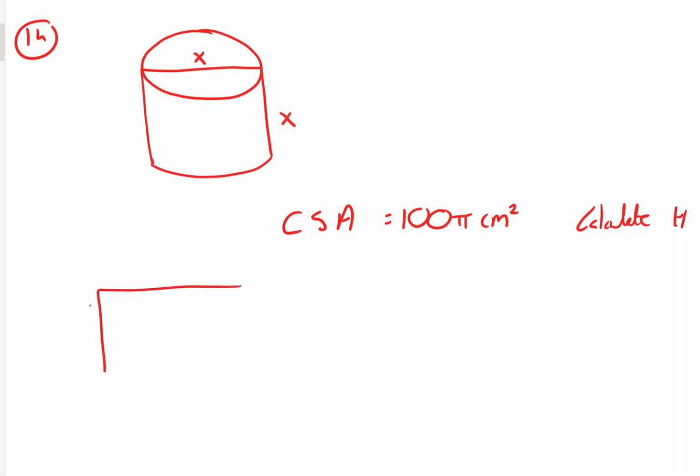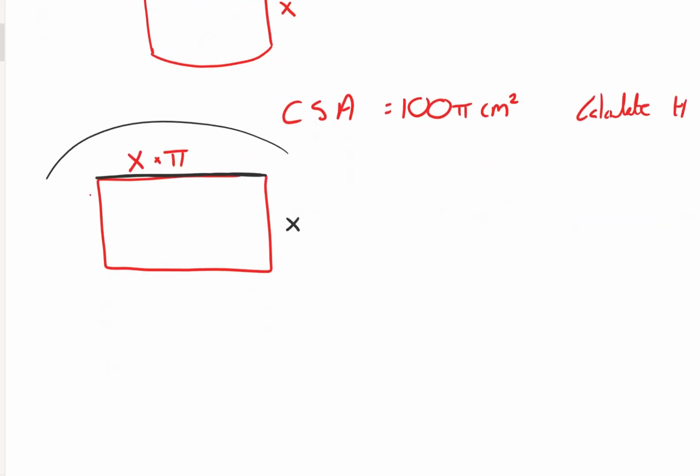Right, well, let's see. So if I was to draw it out, this would be x multiplied by pi, wouldn't it? Okay, because x is the diameter here, multiplied by pi, which will give us the top bit when it's folded out, and this will be x. Okay, so the area of this will be this multiplied by this.